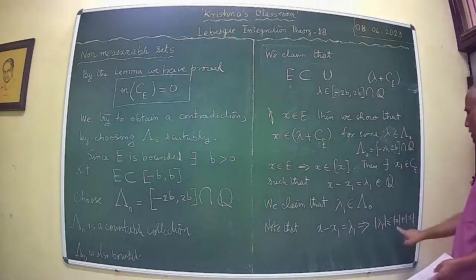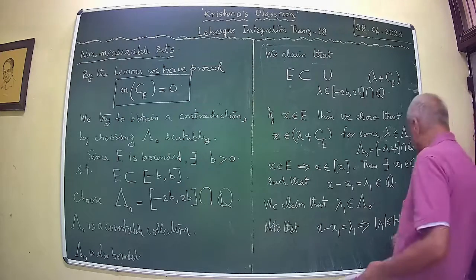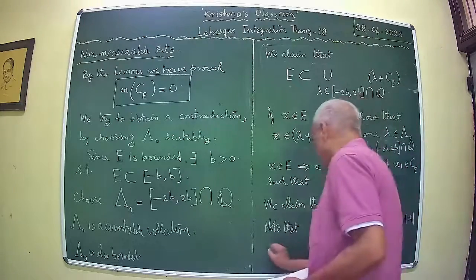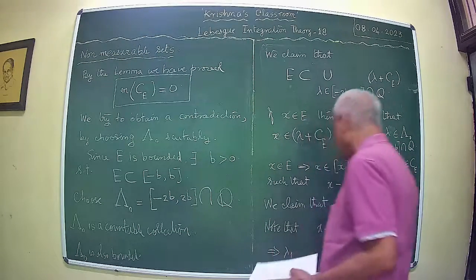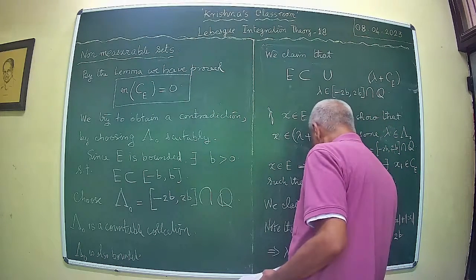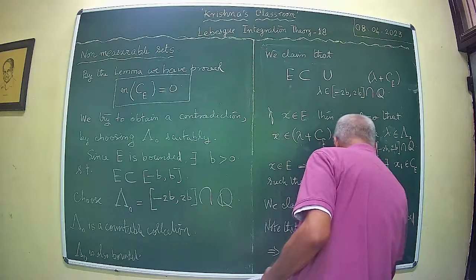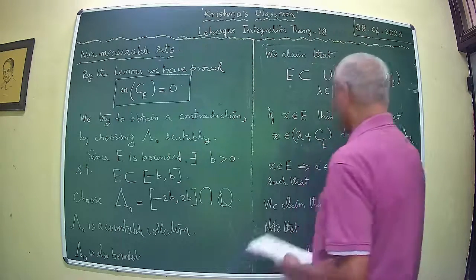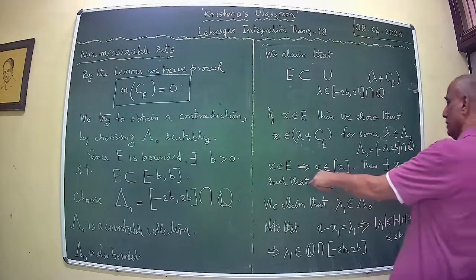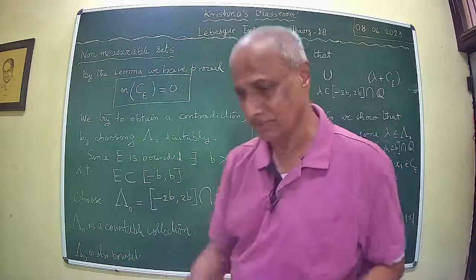mod x1, and you see that these are elements in E, therefore you see that this is less than or equal to, which implies lambda 1 belongs to Q. So what happens is that every x in E is in one of these lambda plus C series.